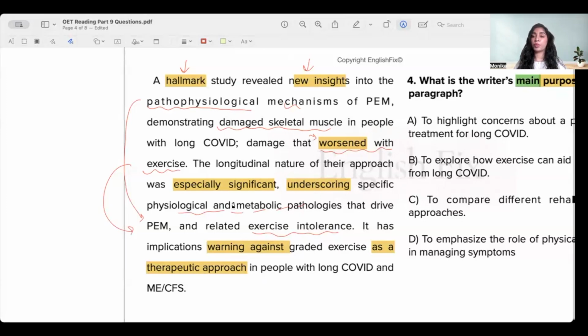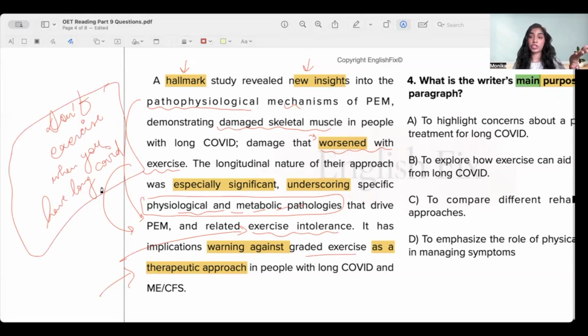And then they have told me what kind of worsening effects we are talking about, and why it was important, because the study significantly underscored these specific issues and related exercise intolerance that happens when people are exercising, and they are trying to warn me against using graded exercise as a therapeutic approach. They are basically saying that, listen, this is not a therapeutic approach. You shouldn't try this. Don't exercise with long COVID. That's the general idea.